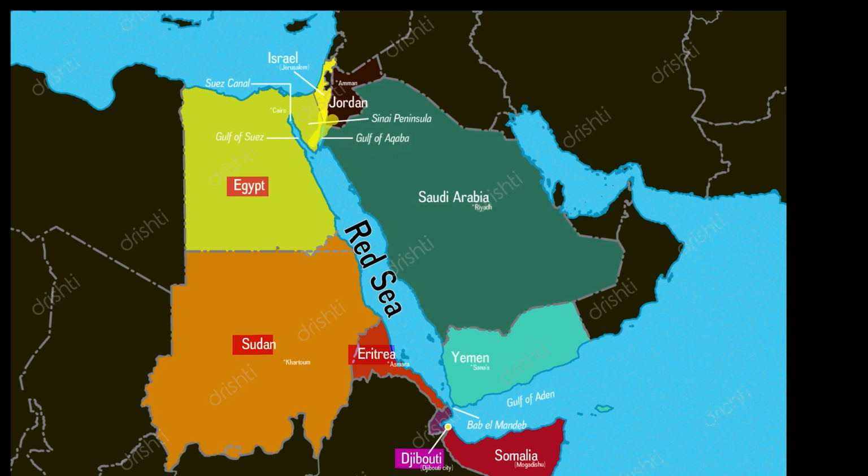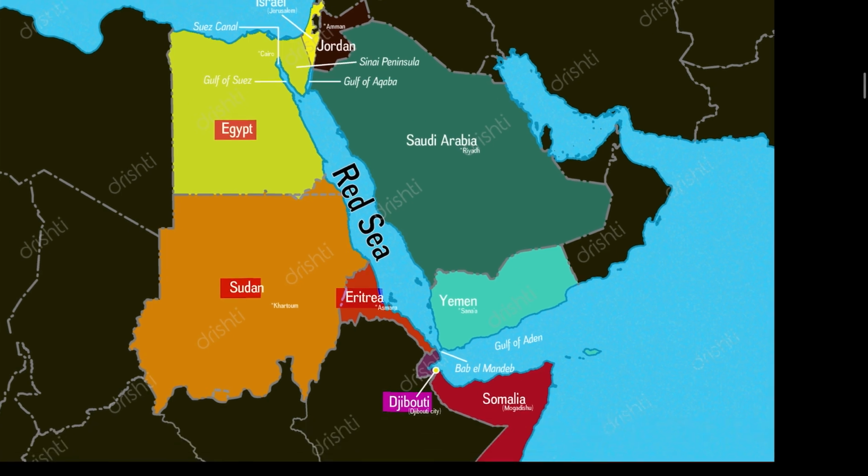Israel and Jordan also have their coast in this Gulf of Aqaba. Then this is the Gulf of Suez, which is between Egypt and Saudi Arabia again. So this right over here is the Sinai Peninsula, and this is the Suez Canal.